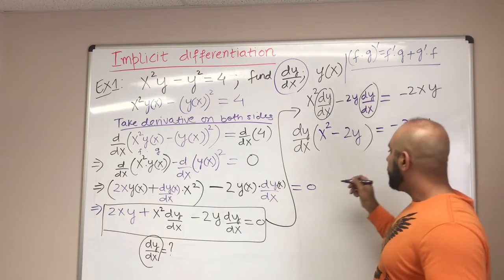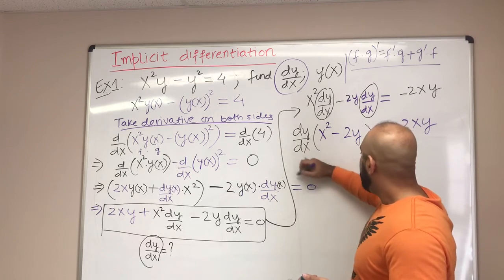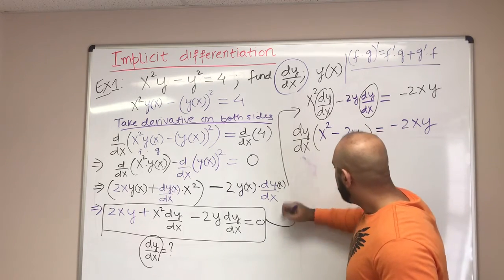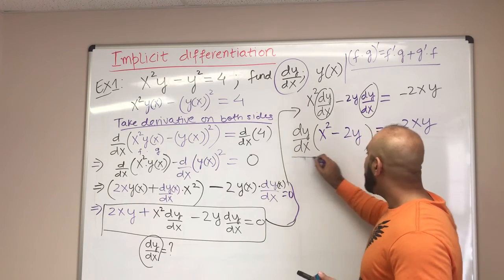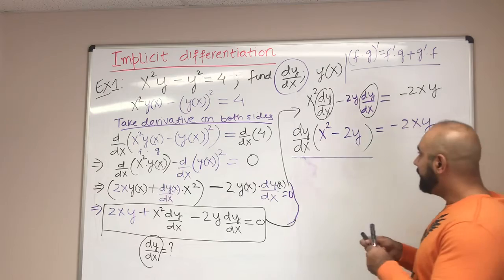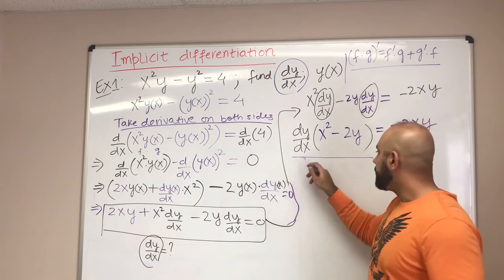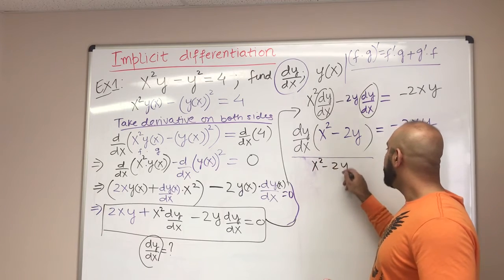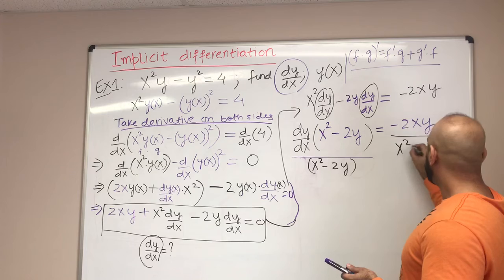So we're almost done, guys, to get dy over dx by itself. So let me get rid of this so that I have space here. To get dy over dx by itself, all I have to do is divide by this quantity, because that quantity will cross out and I will be left with dy over dx. I'm dividing both sides, of course, because if I divide the left hand side, I have to divide the right hand side as well.